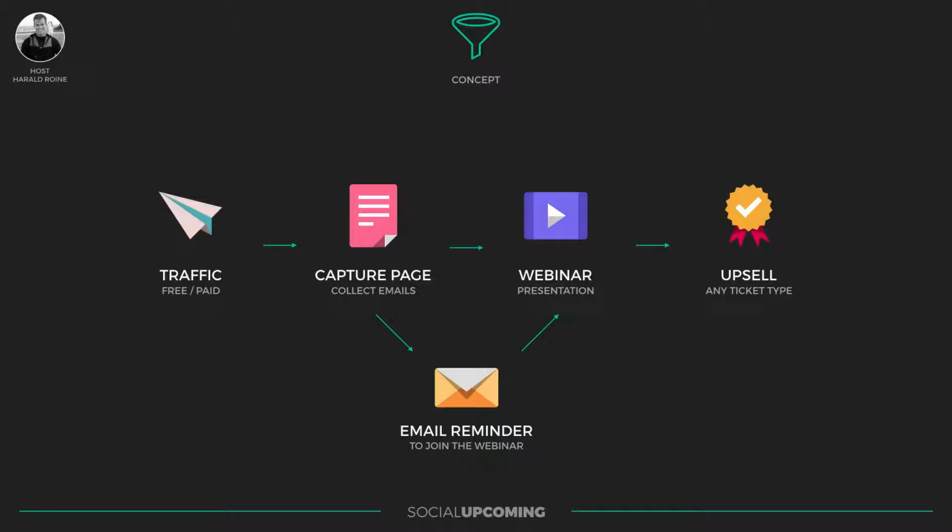So the replay option is a great way if you have subscribers from different time zones around the world. So let's say that you will hold a webinar at 3 p.m. your time, but for some of your subscribers it's midnight or 5 a.m. or 1 a.m. or 3 a.m. So those people won't have the opportunity to join because they're actually sleeping.